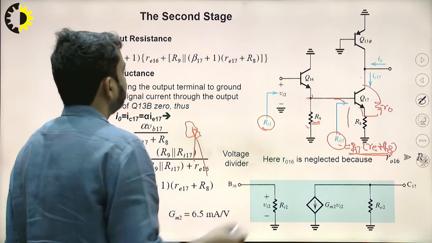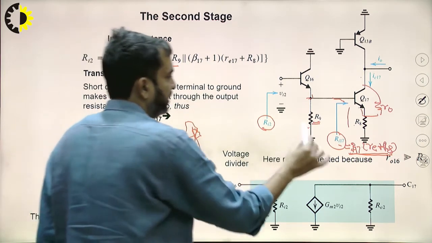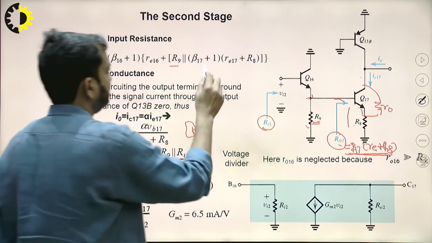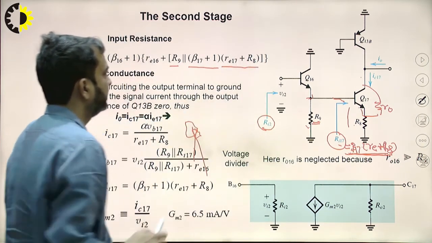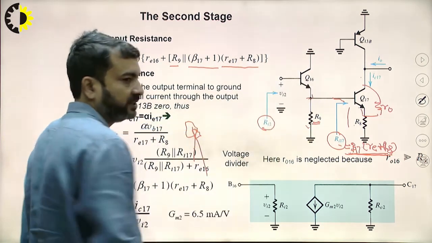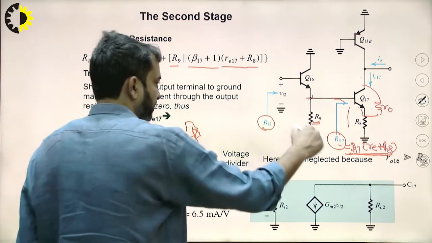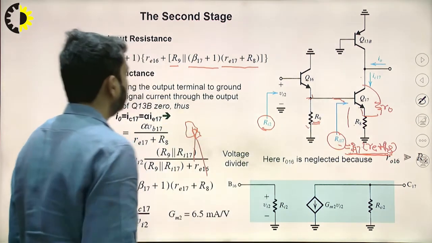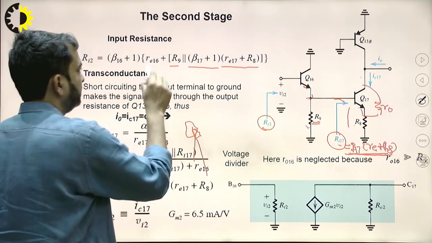Here R9 is in parallel with this resistance, which is written as 1 plus beta 17 times re plus R8, and again we have ignored the resistance R0 as it is much higher than the resistance present in the emitter, and then a small re of transistor Q16.